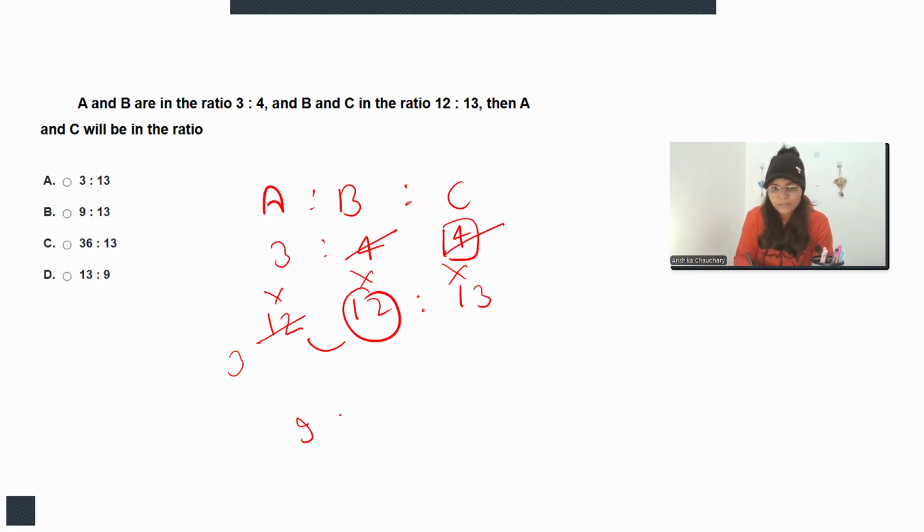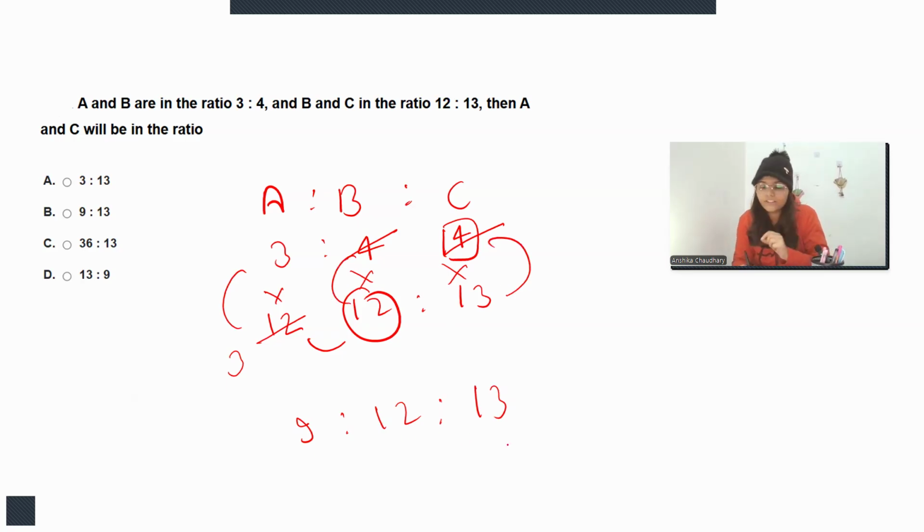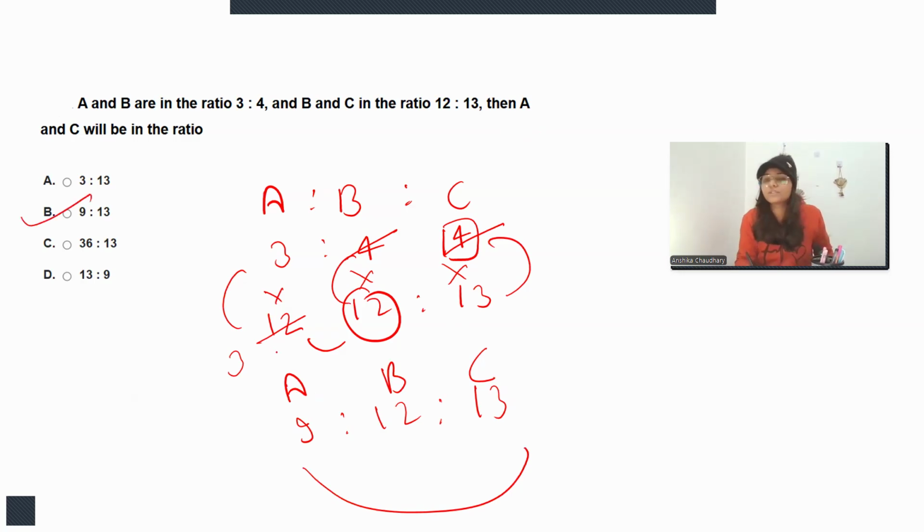Then it will become 9, 12, and 13, if we multiply 3 threes are 9, 12, and 13. So this is A, this is B, and this is C. What is it asking for? A ratio C. So 9 ratio 13 will be the answer, option B.